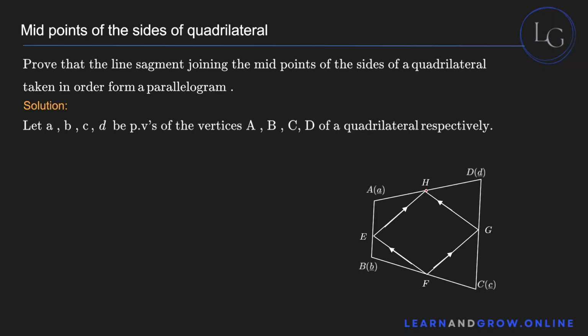It says here that let A, B, C, D be the position vectors of the vertices ABCD. So this is A, this is B, this is C, and this is D, right?